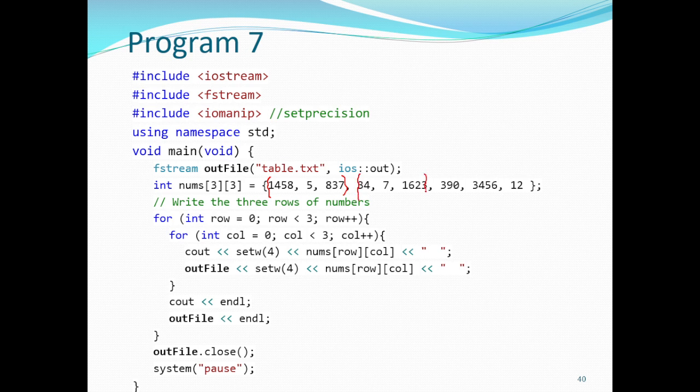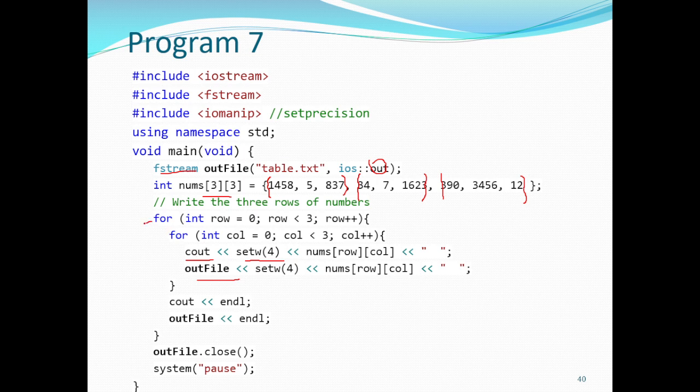Curly brackets, curly brackets. Okay, so we have an integer array, a 2D array or matrix. We open a file in write mode, and we are writing the same message with a length of 4 bytes to the screen as well as to the file.